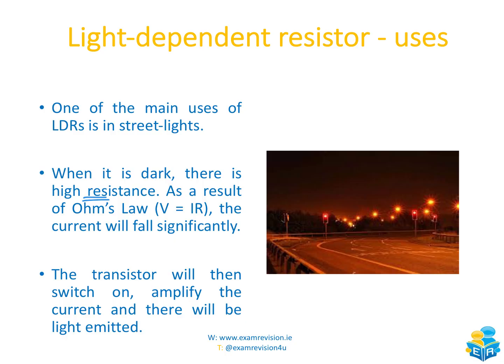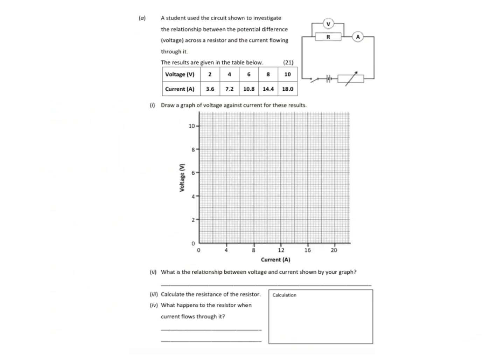Because the current is getting lower, that's going to switch on a transistor, which will amplify the current, and that's when the light will be emitted. So it all comes back to Ohm's law, a directly proportional relationship.